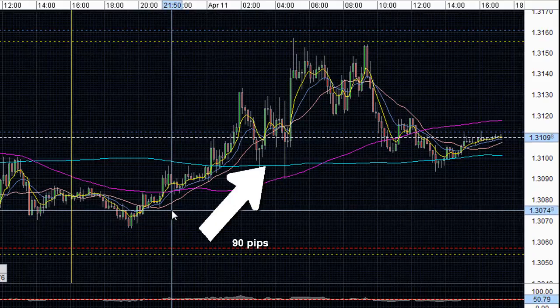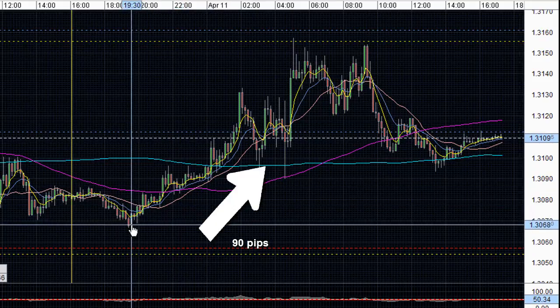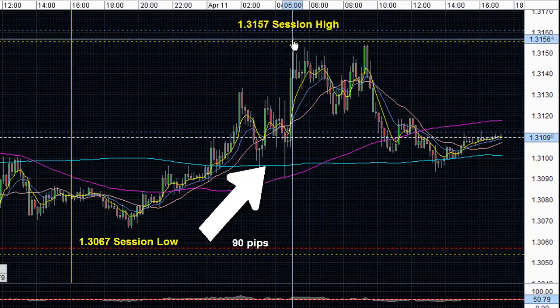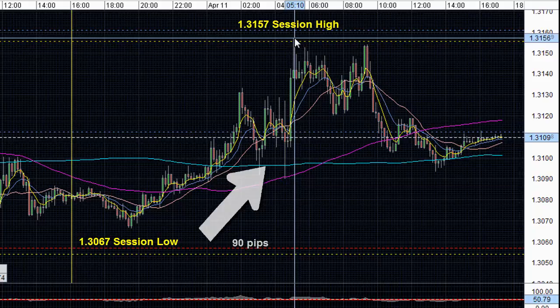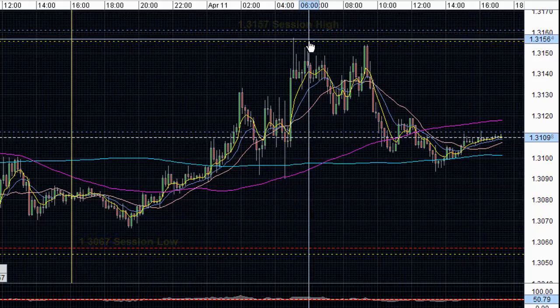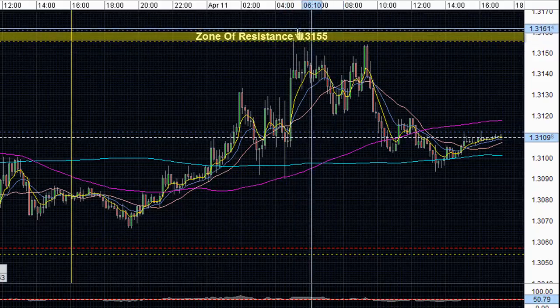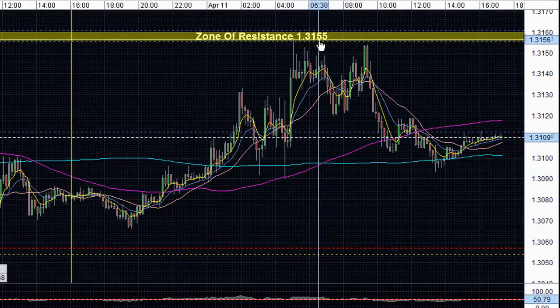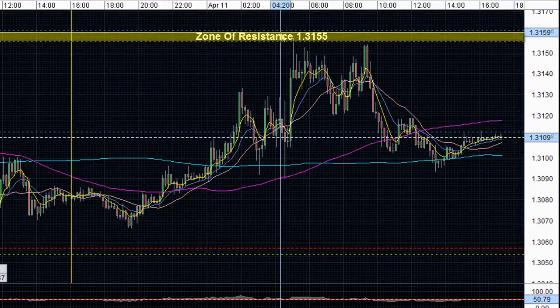So then we saw the euro rally from its session low at 30.67. It rallied 90 pips up to its session high around 31.55, and we see that this area around 31.55 was really a strong area of resistance. It was a strong zone of resistance, and this area was also a strong area of supply.